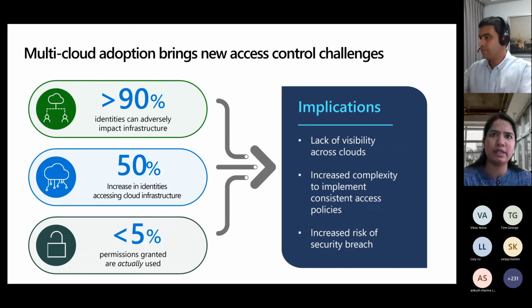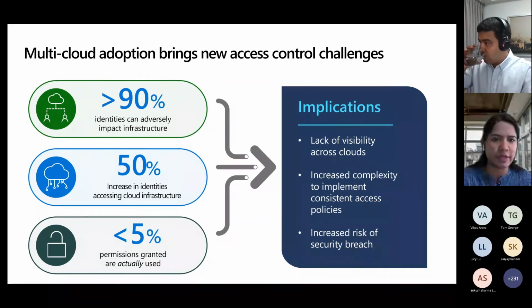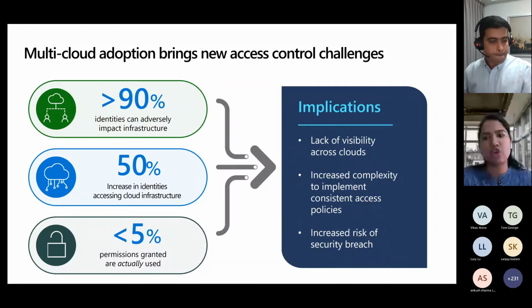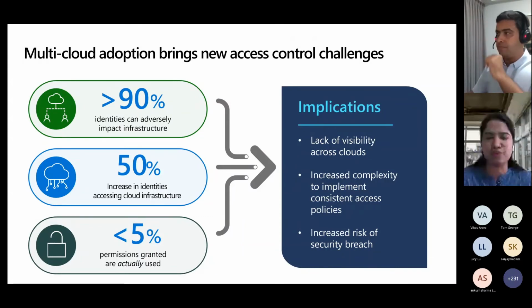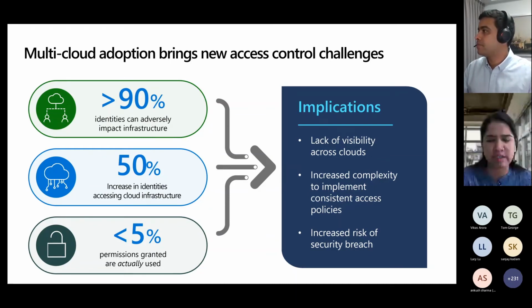For example, in a study done by Microsoft, we observed that 90% of the identities, and when we talk about identities, we are not only talking about users here, we are also talking about workload identities. We are talking about managed identities. We are also talking about permissions which are granted directly to cloud resources. So these identities can adversely impact the infrastructure because of the kind of permissions they have.